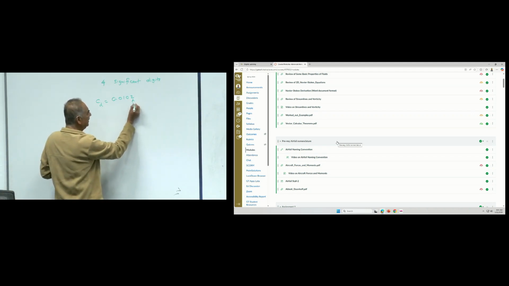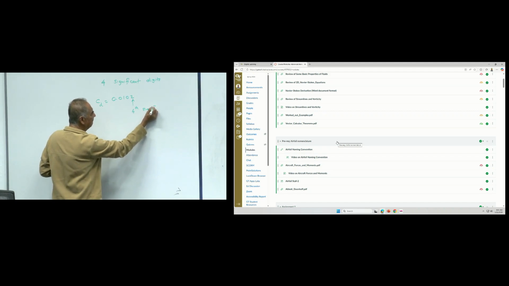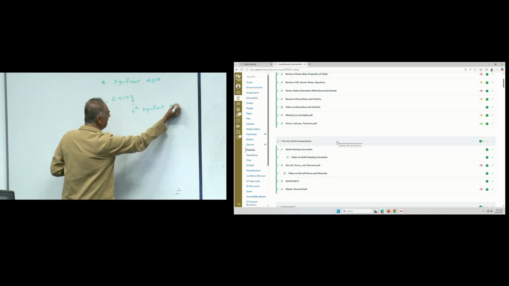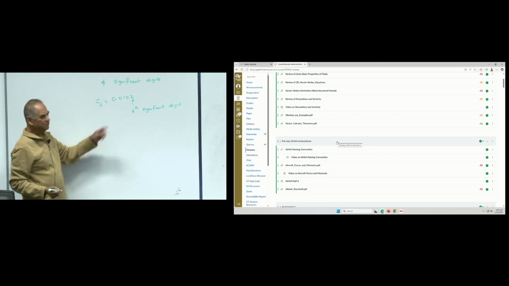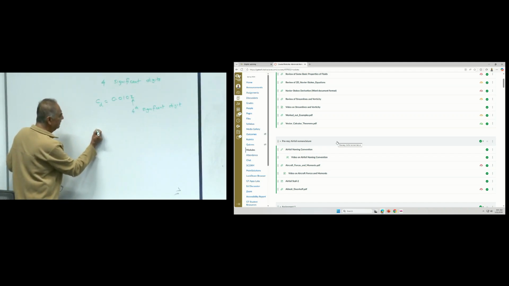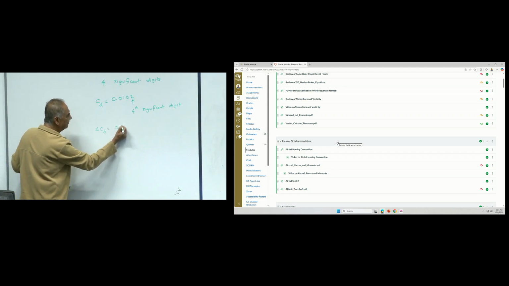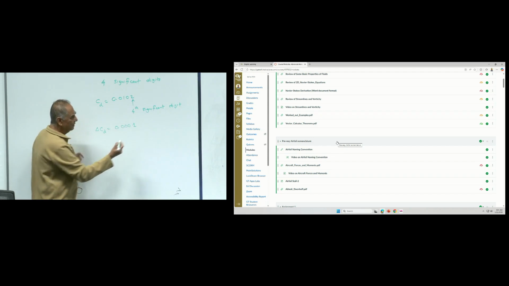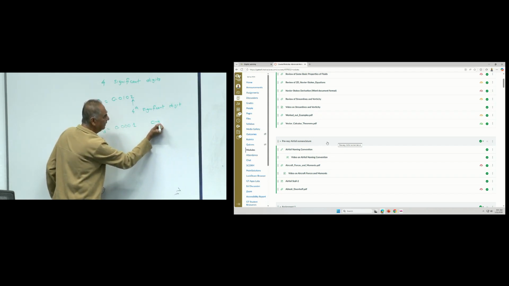So this is what I mean by the fourth significant digit. Why is it important? Because delta CD of 0.0001 is called one drag count.